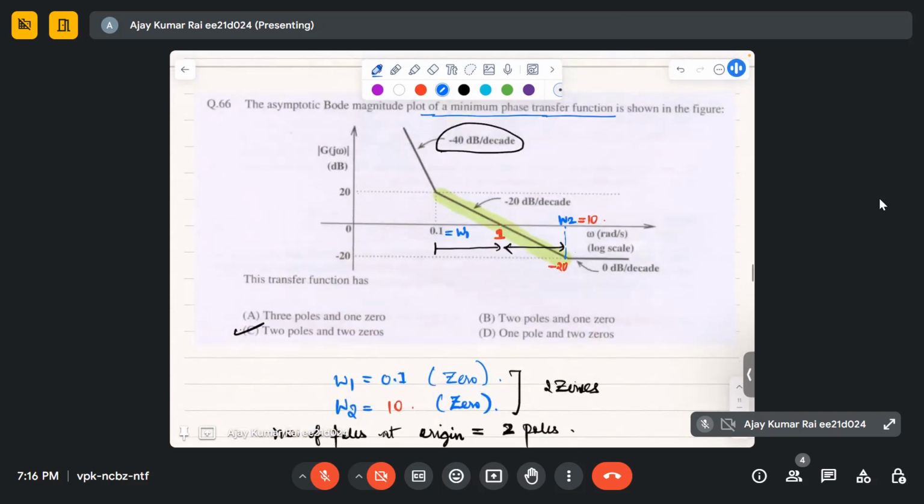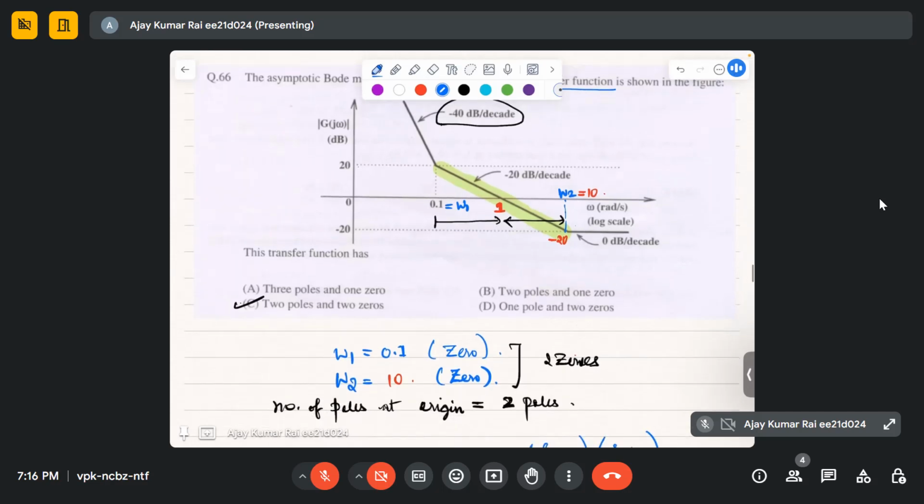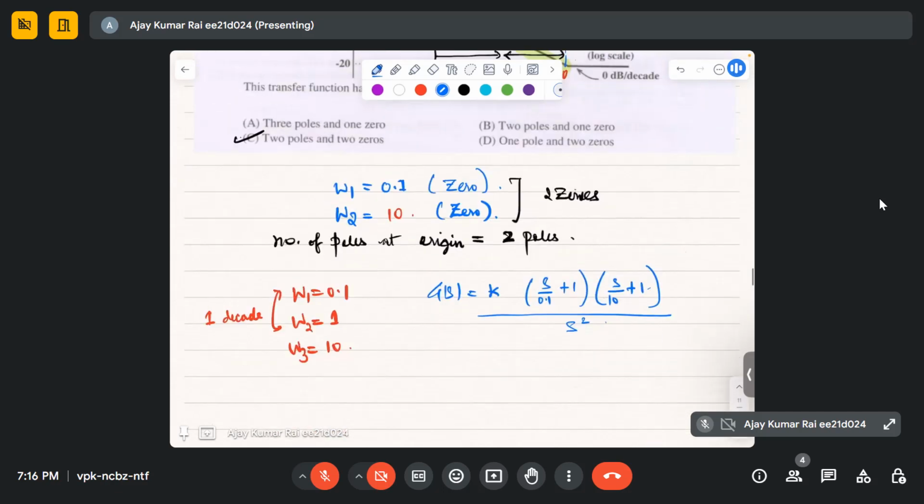Can we find the value of k? Because magnitudes are given at different frequencies, you need to find the magnitude. Let me write this transfer function in this form.